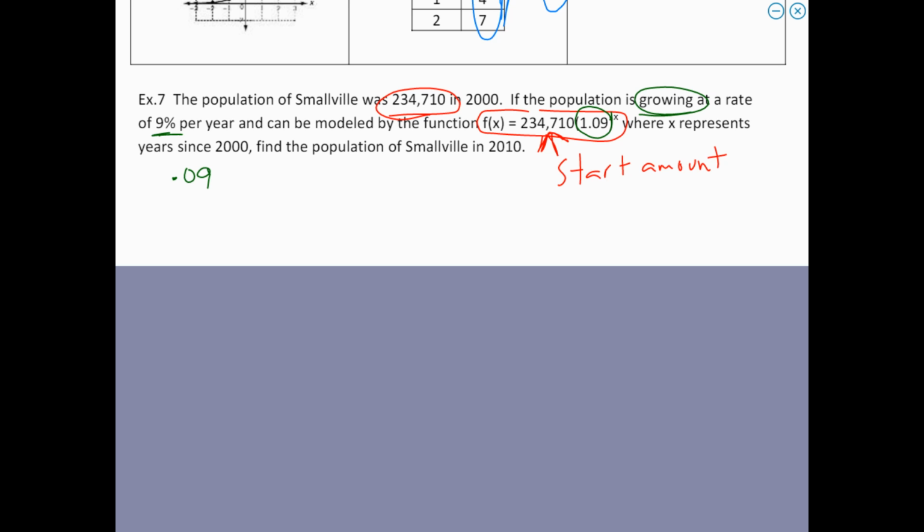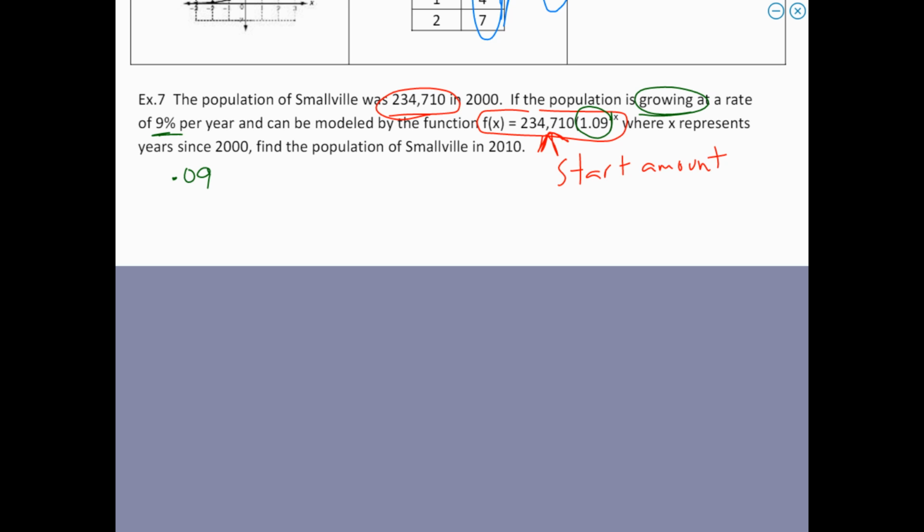So when you times 234,710 times 0.09, does it get bigger or smaller? Mm-hmm. 0.09. It gets smaller. It goes down. Okay, so if it gets smaller with 0.09, is it actually growing?